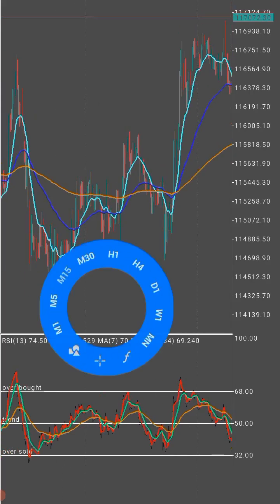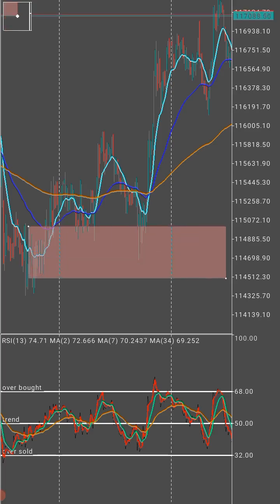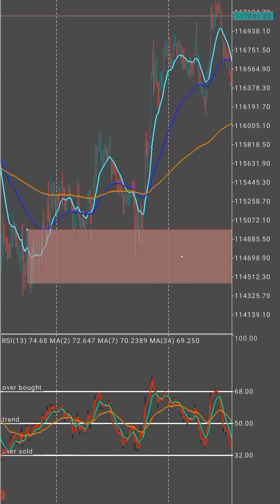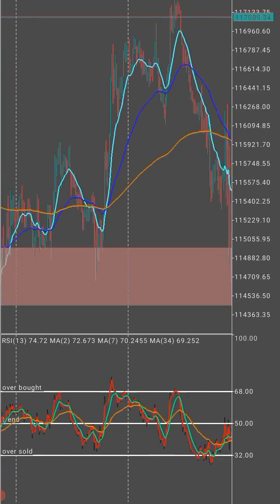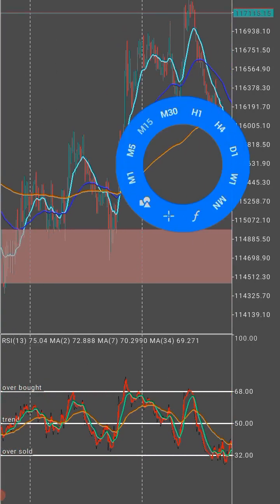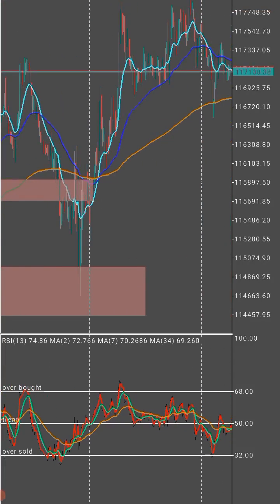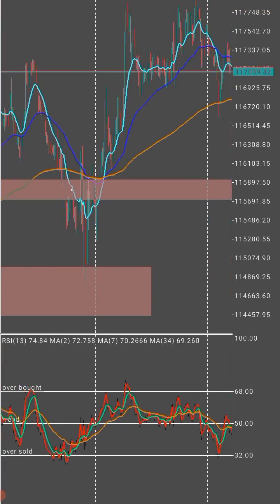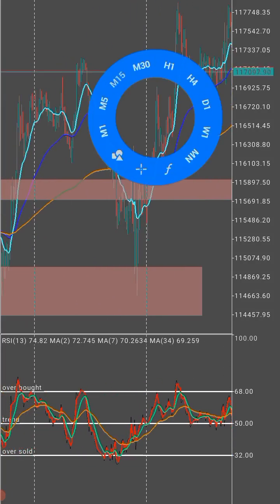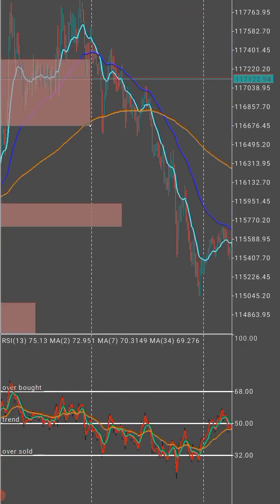Let me start drawing here. Now this is the first level. Just follow me. Watch the video to the end so that you'll be fully equipped on what to do when this happens.